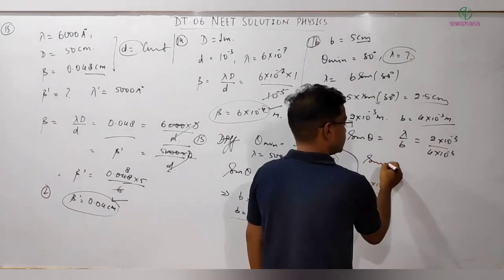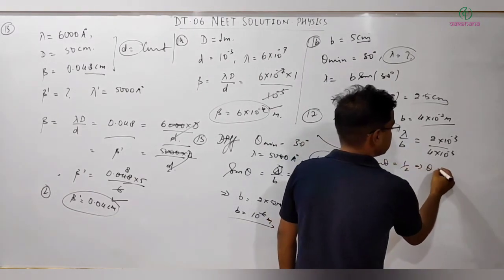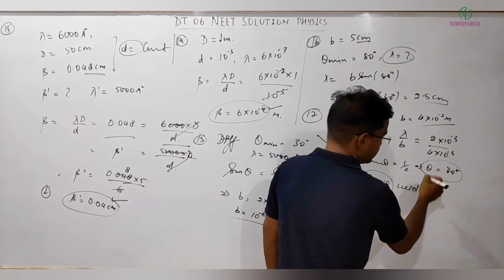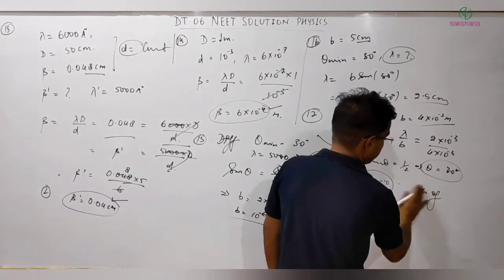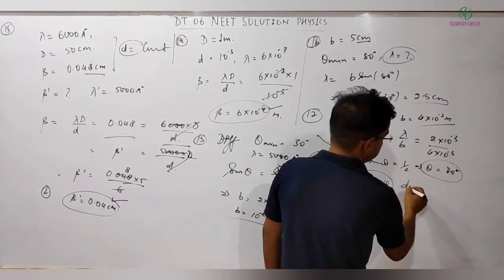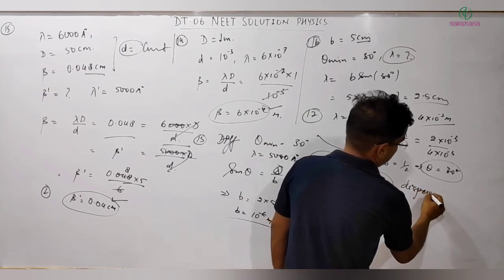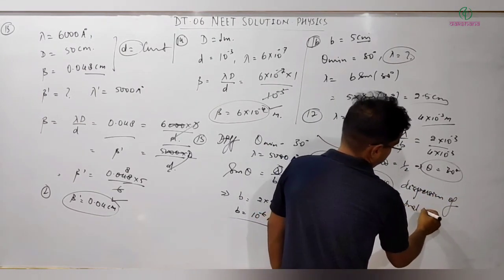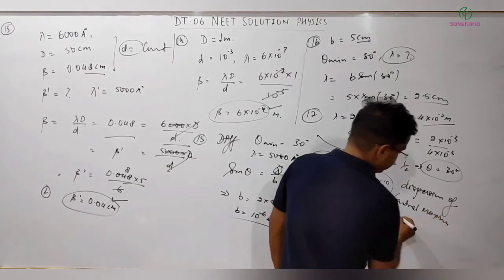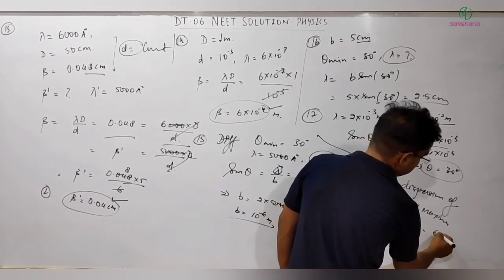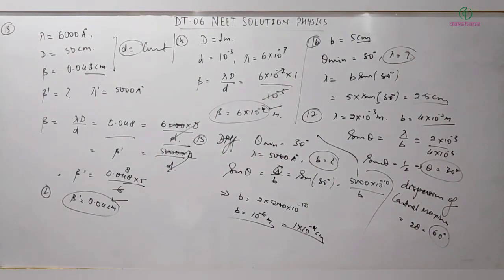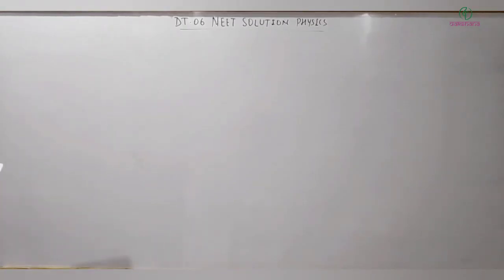So sine theta is equal to 1 by 2, which implies theta is equal to 30 degree. Then the width of dispersion of central maxima will be 2 times theta, and that's equal to 60 degree. So that's problem number 17. Next, question number 18.